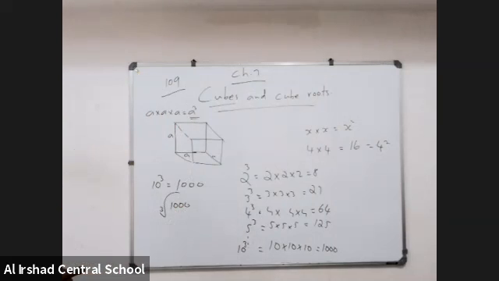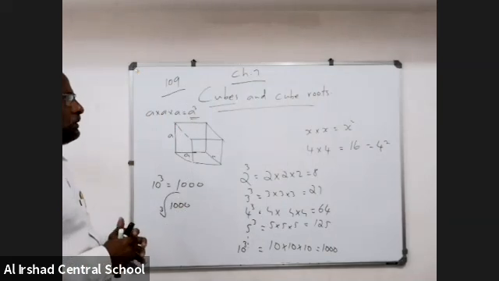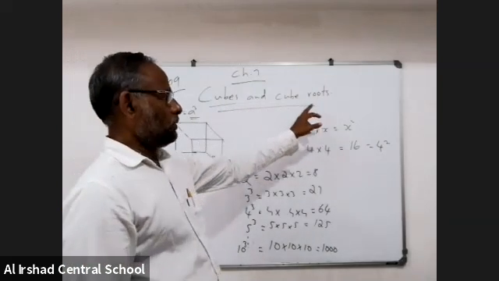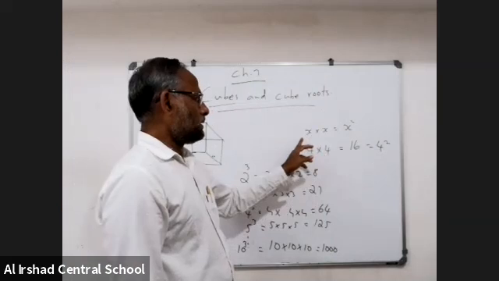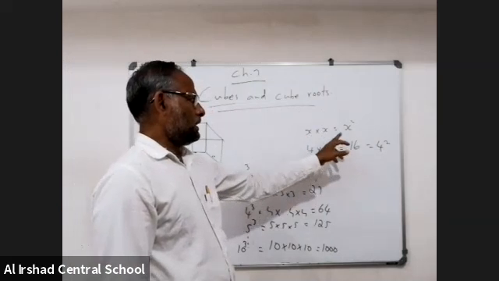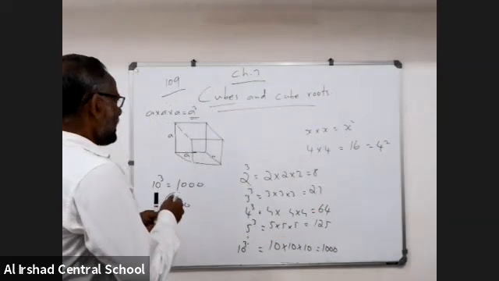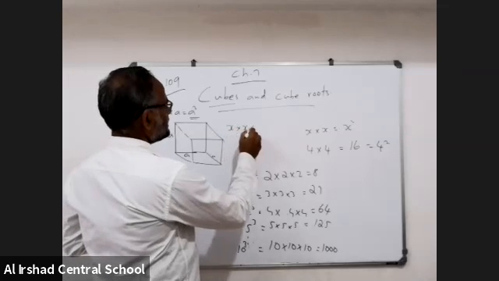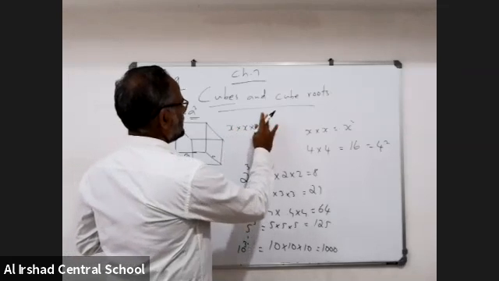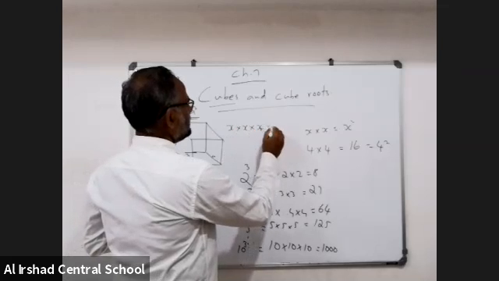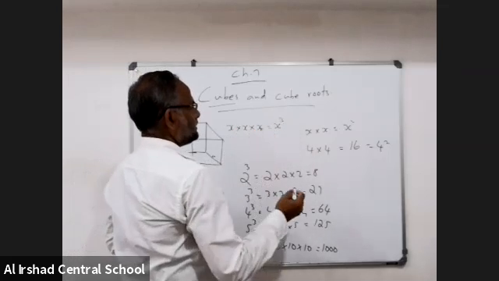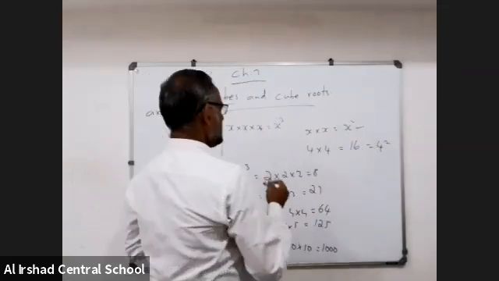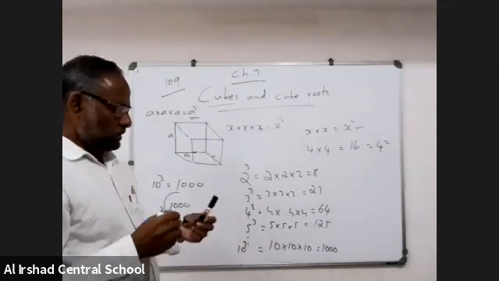Now I am talking about cube roots. Before that, please write cube and cube roots. Write x into x is x square, then write x into x into x is x cube.